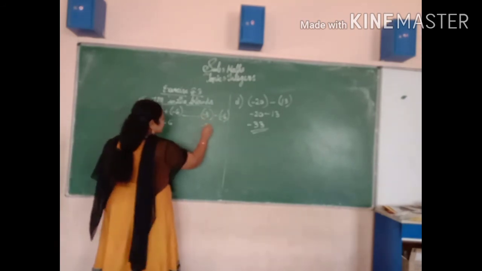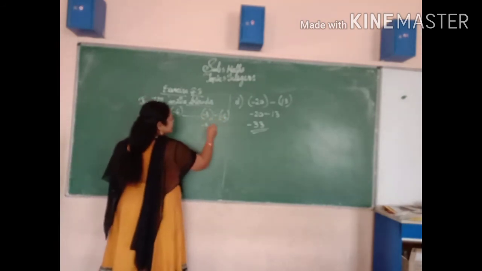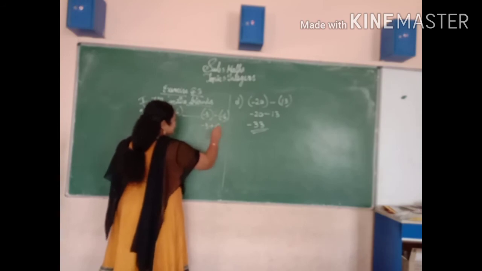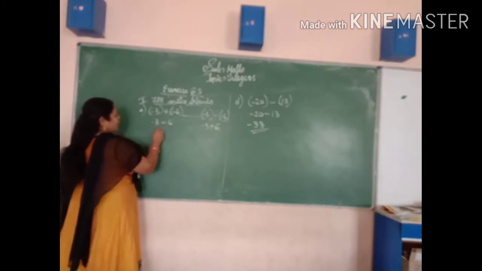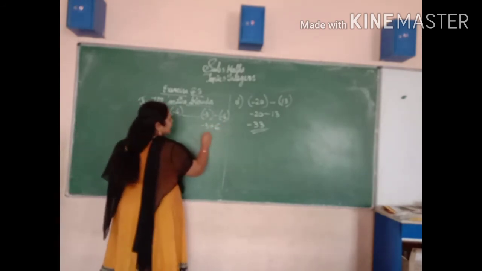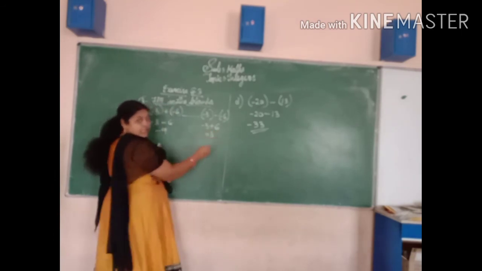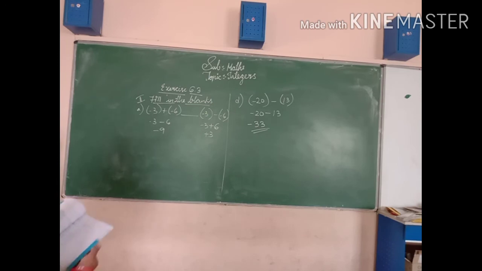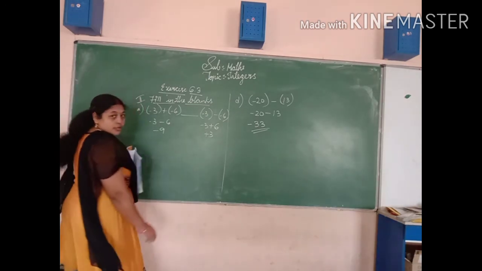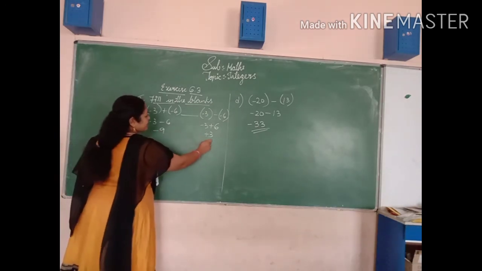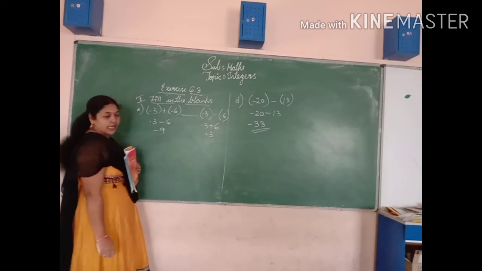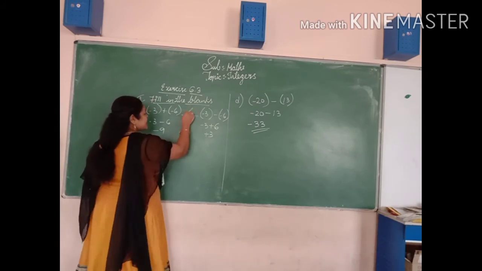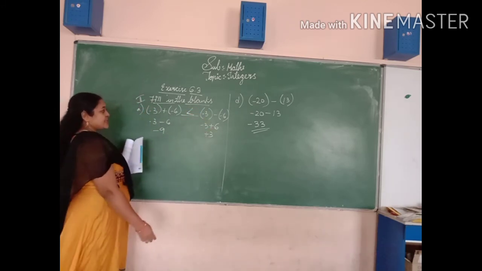Here minus 3 plus into minus, plus 6. So you have minus 9 here. So it is minus 9 and plus 3, which is greater. Here our plus 3 is greater, isn't it?